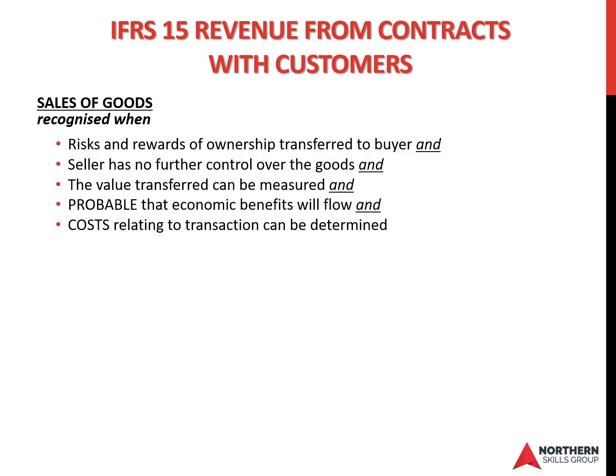So all of those requirements need to be met before a sale can be recognized in the profit and loss statement, and these first three are the most important ones. The seller has no further control over the goods and has no risk or liability as far as the goods are concerned. Once that point's been reached, then the sale can be recognized.